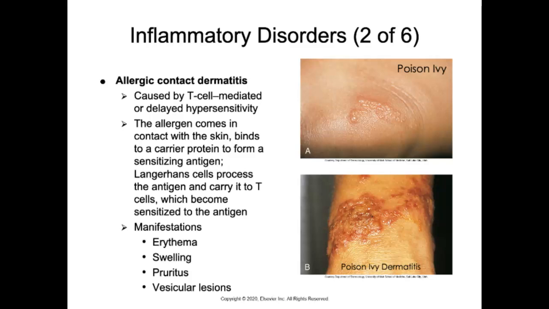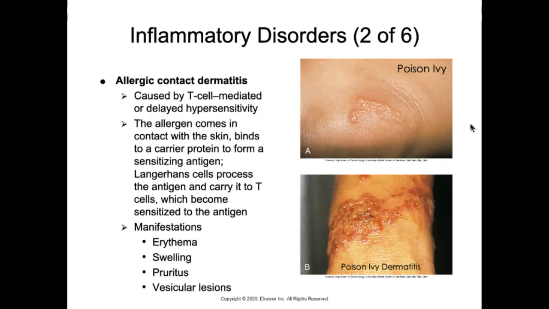Another type of dermatitis is allergic contact dermatitis, and this is due to a T cell mediated or delayed hypersensitivity reaction. The allergen comes in contact with the skin. Both of the examples here are coming into contact with poison ivy, and then the allergen binds to the carrier protein to form a sensitizing antigen.